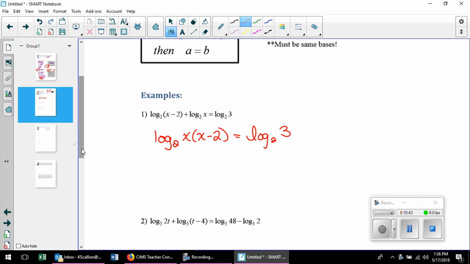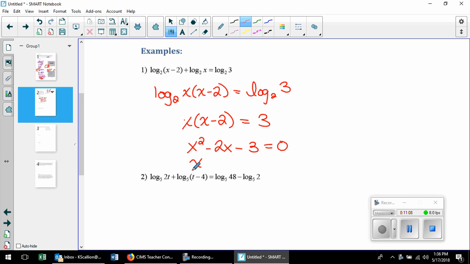So I have a single log and a single log. They have to be the same base. Are they the same base? Yeah. So what can I do with them? Drop them. So my next line should be x times x minus 2 equals 3, x squared minus 2x minus 3 equals 0.